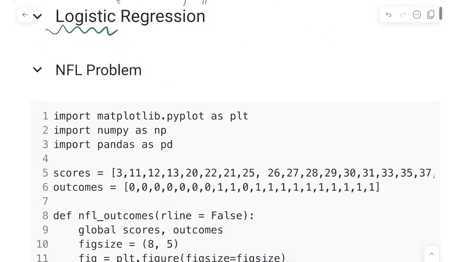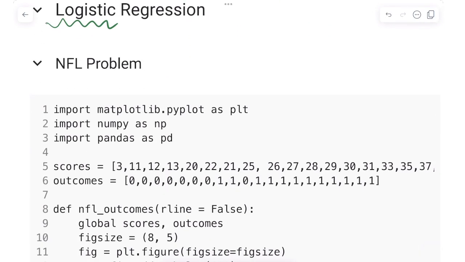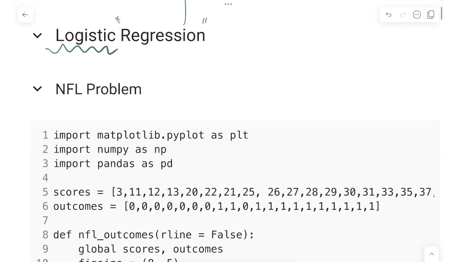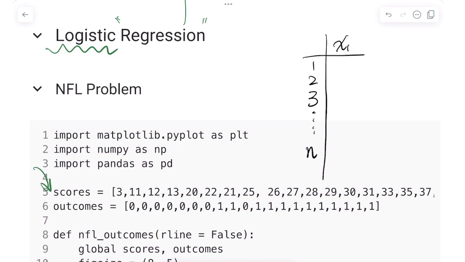So here is a very simple example. Let's take a look at this table. As usual, we have n data points, and we have only one feature, which is score, and the corresponding target y is the result of the NFL game, win or loss.